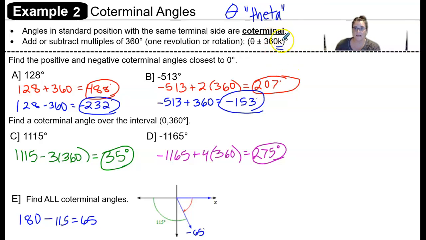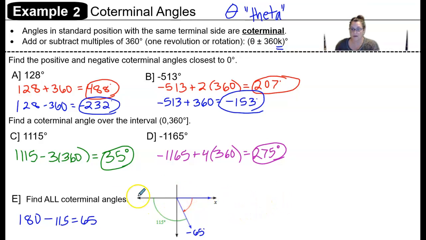any integer. So it's any positive or negative whole number, and those would be my revolutions. So my angle plus or minus any integer number of revolutions would represent all the possibilities.